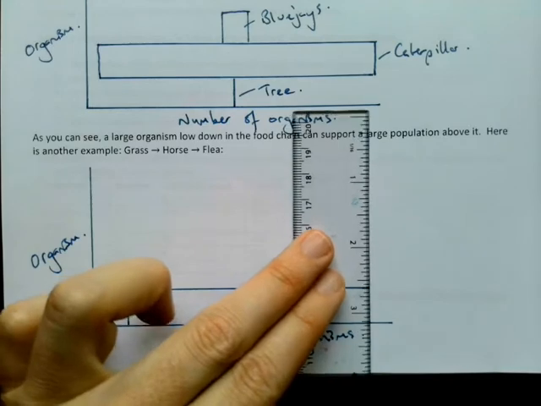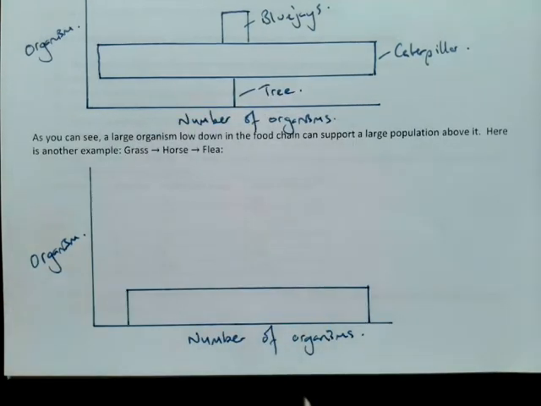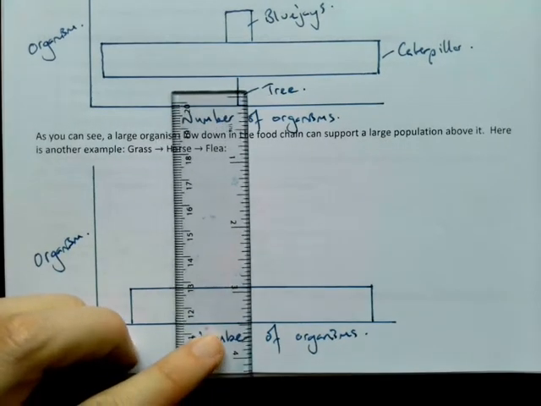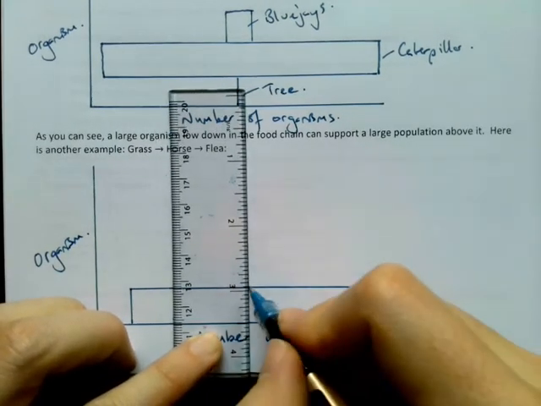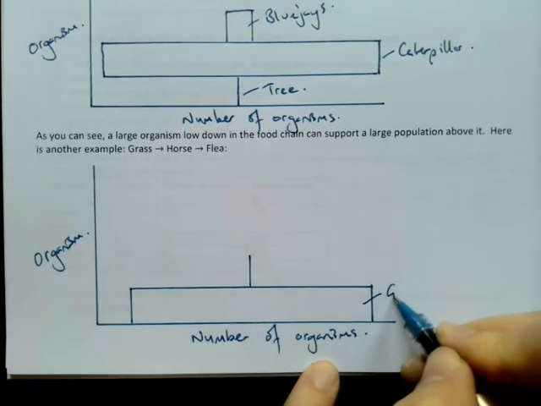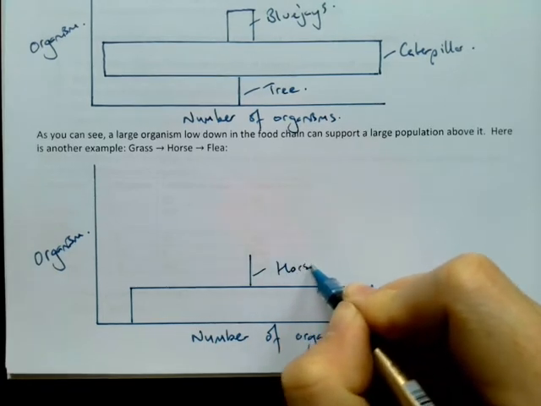Lots and lots of grass. Now that might all be eaten by just one horse. So just one horse, like that.